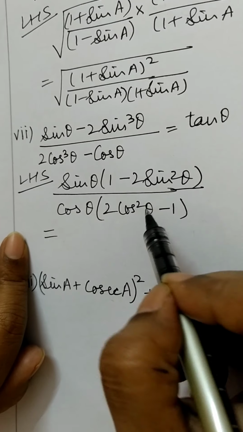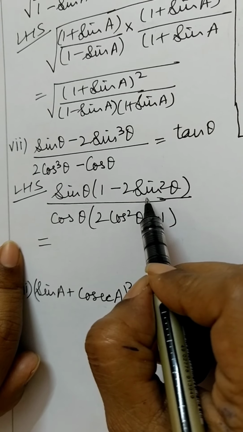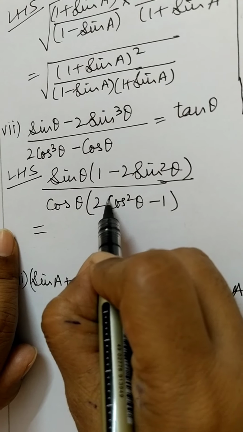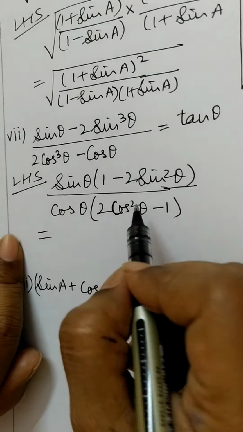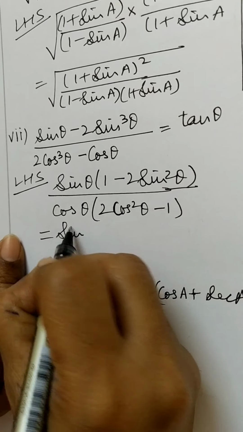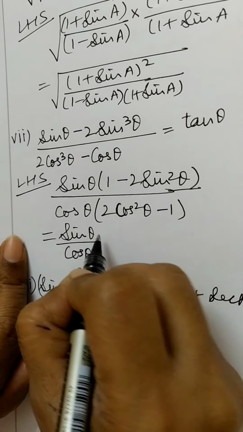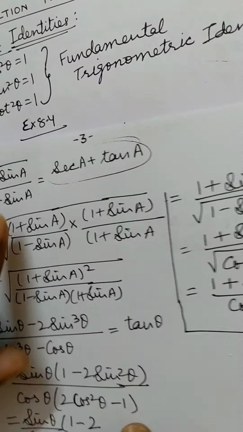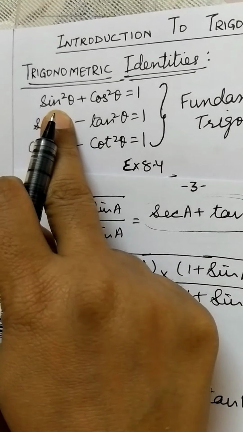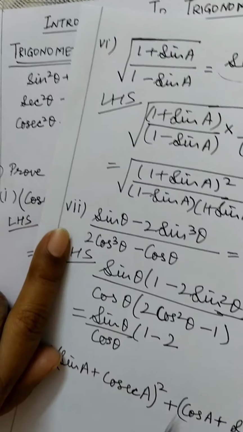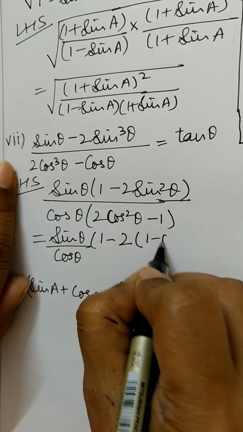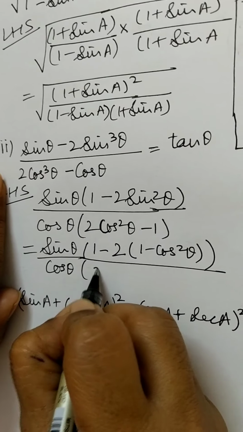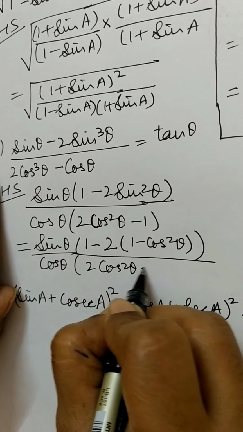Now it's your choice, either you write in the numerator sin square theta in terms of cos square theta, or in the denominator you can write cos square theta in terms of sin square theta. I am writing in the numerator, sin theta upon cos theta outside, and in the numerator 1 minus 2 in place of sin square theta. See, we can write using the identity 1 minus cos square theta. So 1 minus cos square theta will come in place of sin square theta. Denominator as it is, 2 cos square theta minus 1.